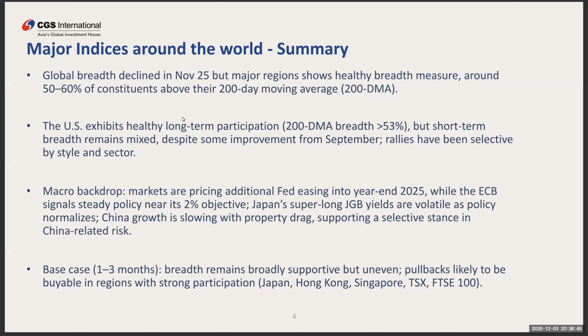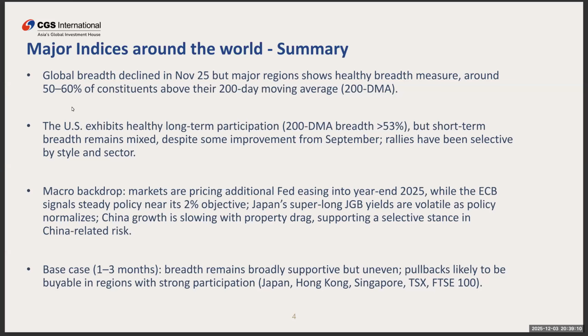All right, so healthy breadth, and most of the global stocks that we measured still have 50 to 60% of constituents above the 200-day moving average. Though there are some corrections, they are still very healthy on the upside. Among them, other than North Asia, I think South Korea and Japan show very strong market breadth.